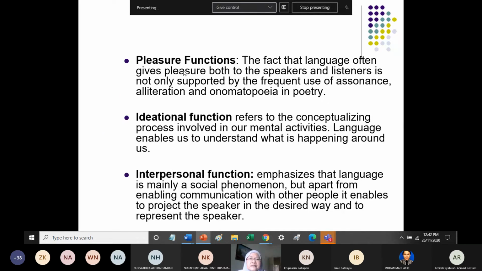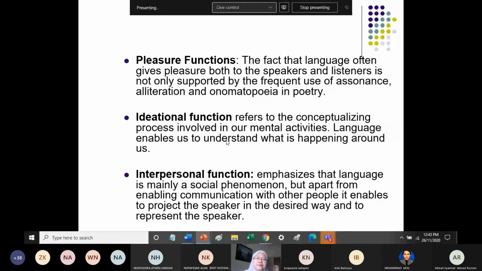Pleasure functions: we hear songs, we hear someone recite a poem, poetry, we read literature. Ideational function refers to the conceptualizing process involved in our mental activities.